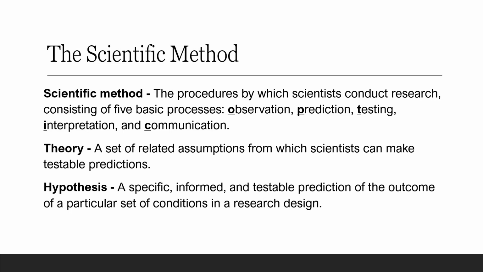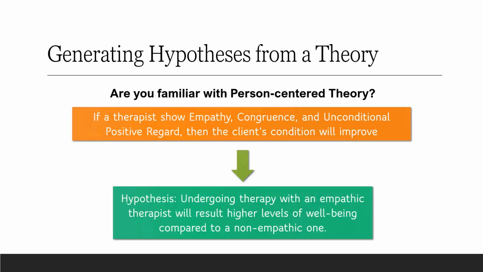Or perhaps you as a researcher, maybe you have made a certain mistake. So it will raise some questions about the theory and about your research approach. Let's take a look at some more specific examples. Now, are you familiar with person-centered theory, also known as client-centered theory?